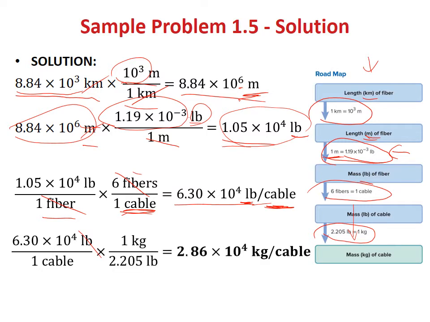So 1 kilogram per 2.205 pound. So pound cancels. Kilogram will be the final unit per cable. All right, and the numbers combine. So here you need to divide by 2.205. That gives you 2.06 times 10 to the fourth power kilogram per cable.